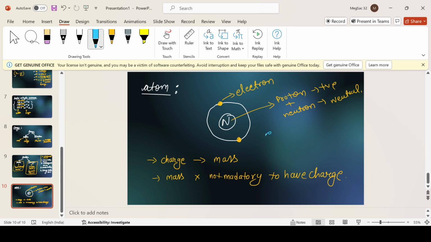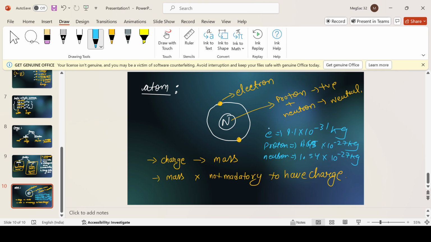Like the electron has mass 9.1 × 10 to the power minus 31 kg. Proton has mass about 1.67 × 10 to the power minus 27 kg, and the neutron also has a similar mass, about 1.67 × 10 to the power minus 27 kg.